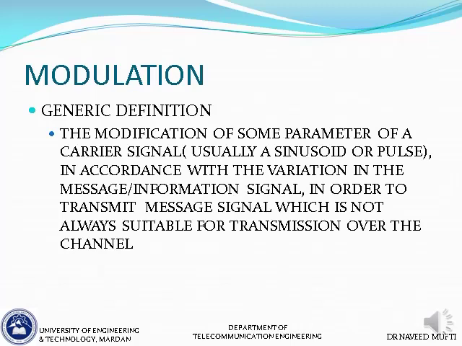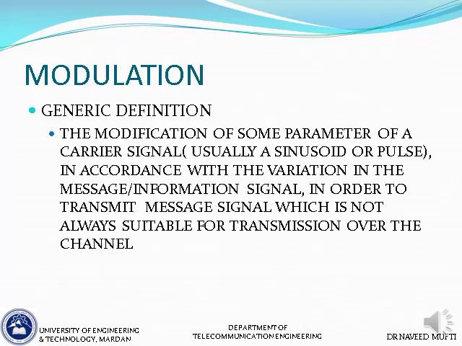So why do we modify a carrier in accordance with the message signal? In order to transmit the message signal, which is not always suitable for transmission over the channel. So without modulation, the message signal or the information signal would not be suitable for transmission directly over the channel. So that is why we modulate it first.